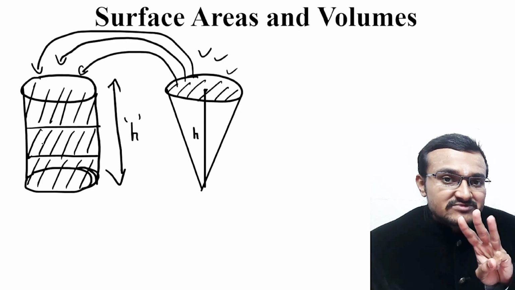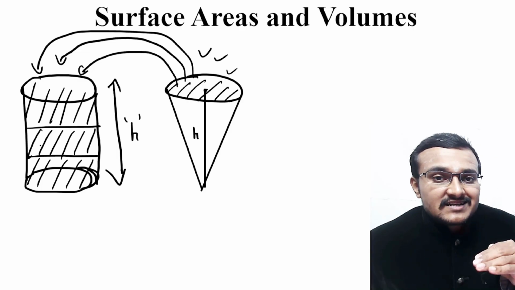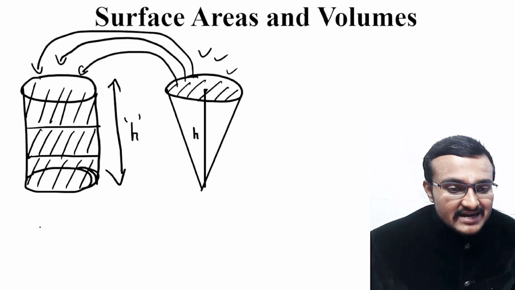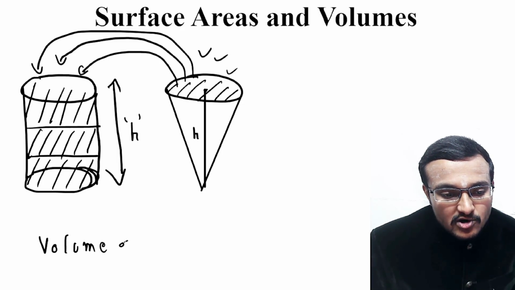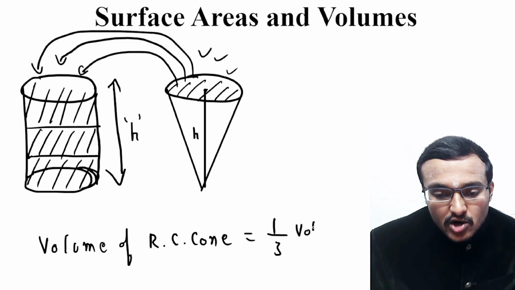That means 3 times you have to fill water in the right circular cone in order to fill the cylinder which has the same height as the cone. So the volume of a right circular cone is 1/3 of the volume of the cylinder.